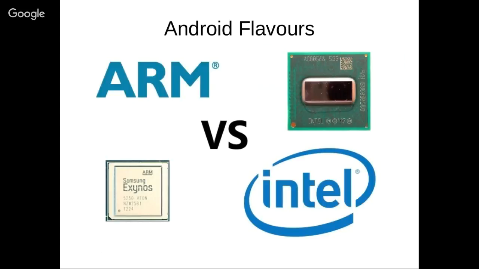Now, most of us are very familiar with the devices we're using, right? Devices like phones and tablets. That's predominantly where the Android space is. Now, what is interesting is there are only two main silicon vendors in the world that provide this.